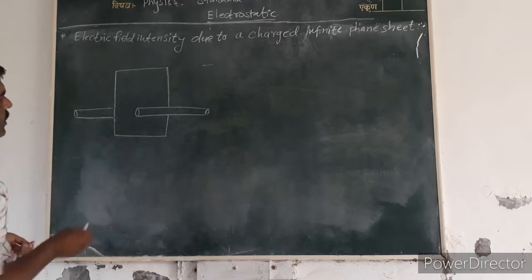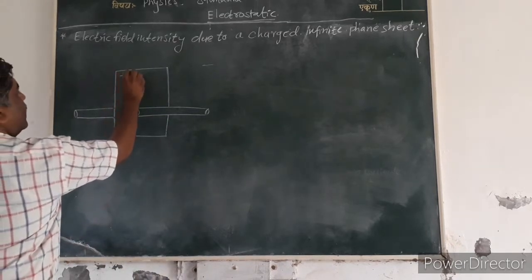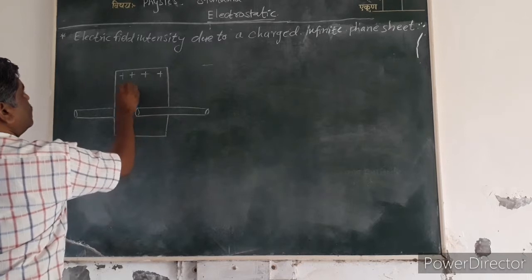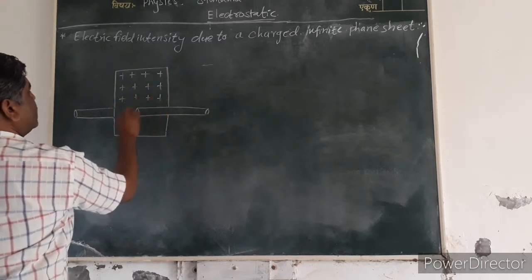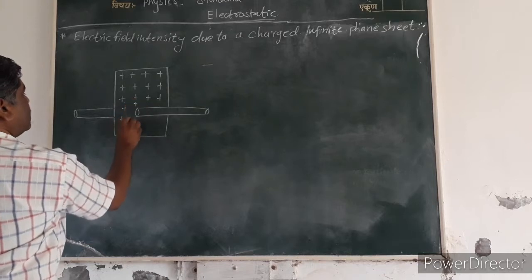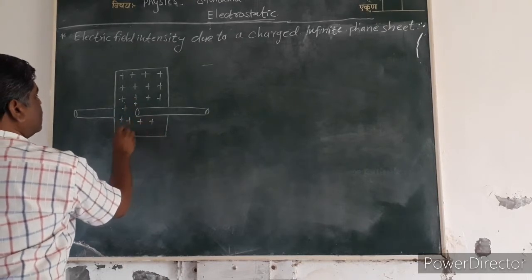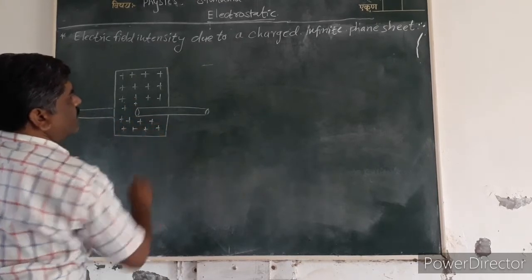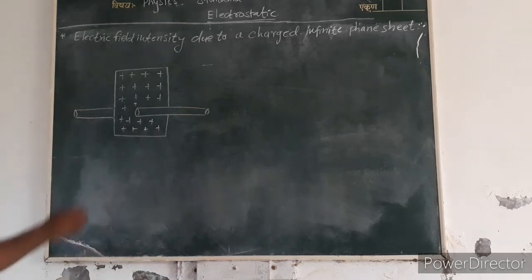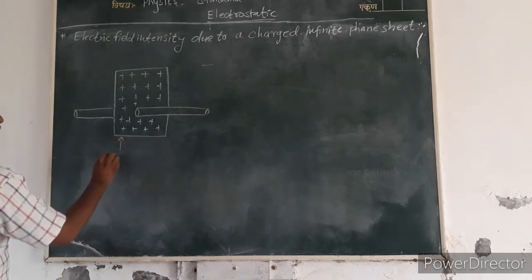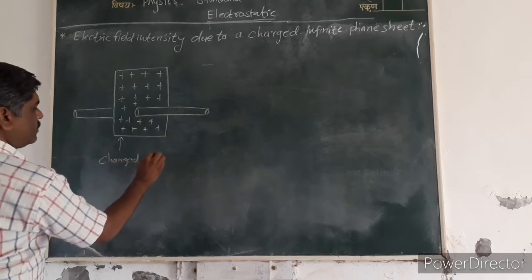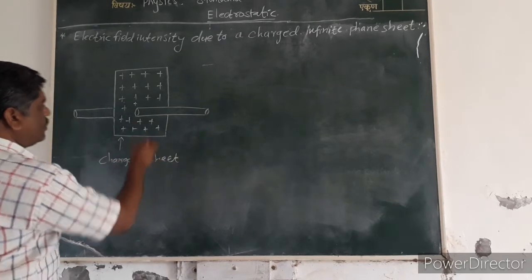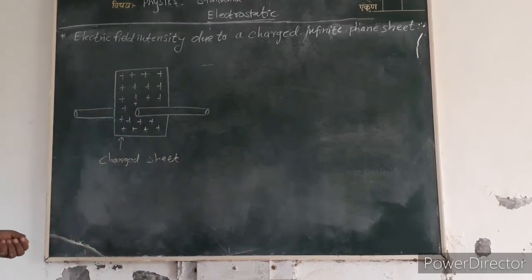Both sides of the sheet contain number of positive charge. Hence, that plane sheet is called charged infinite plane sheet. This sheet is nothing but charged sheet because number of charges situated on it.